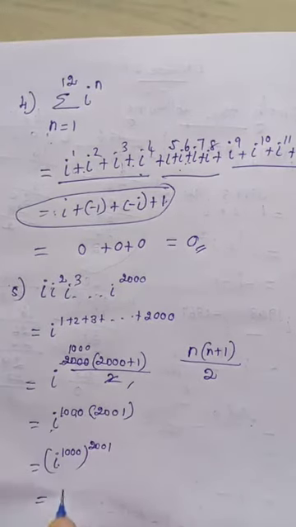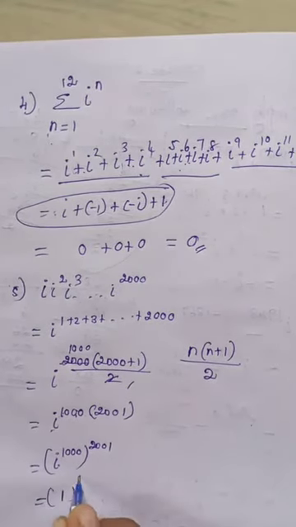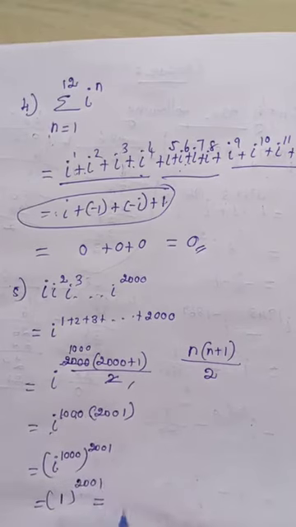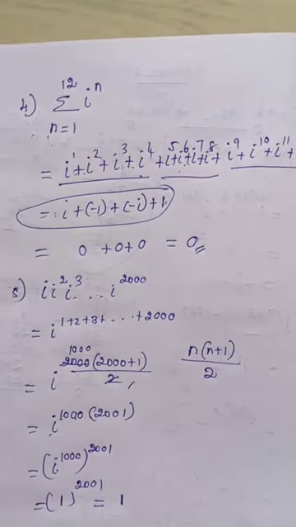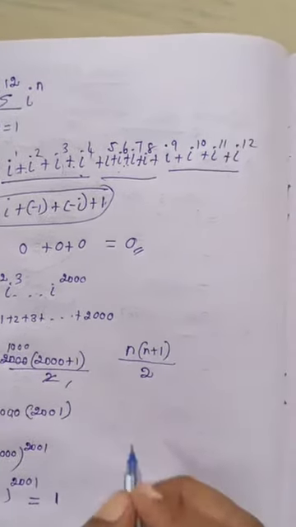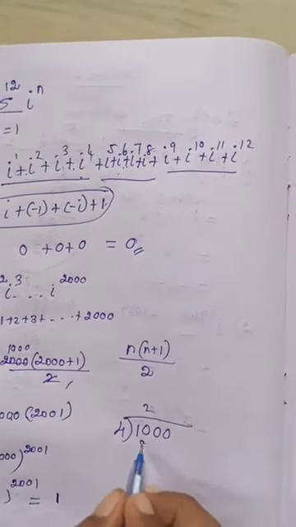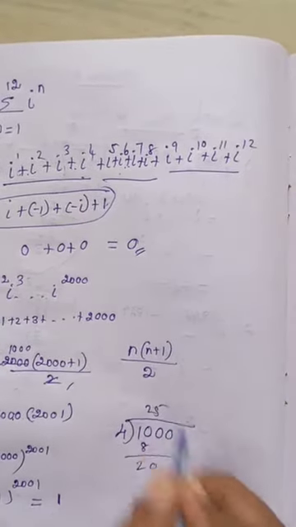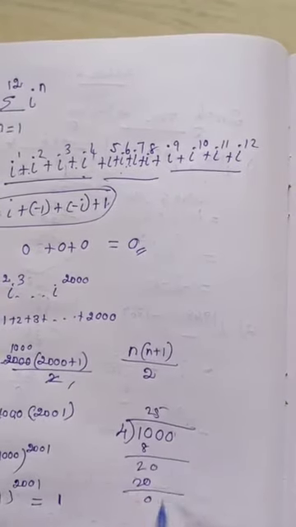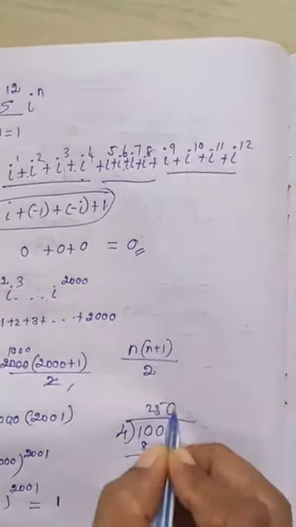So automatically we will get the answer 1 power 2001, which is equal to 1. Since it is divisible by 4, or else if you want you can divide and check it. 2 4s are 8, 5 4s are 20, no remainder, but again we have one 0 there.